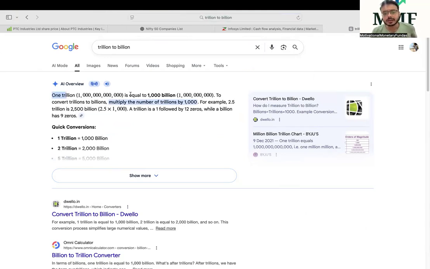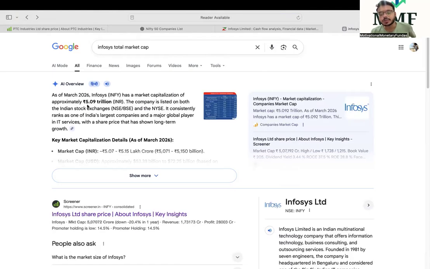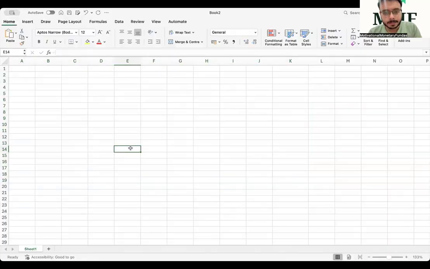If 1 trillion has 1000 billion, then 5.09 trillion will be equal to 50 billion, correct. I'll go to the excel file.